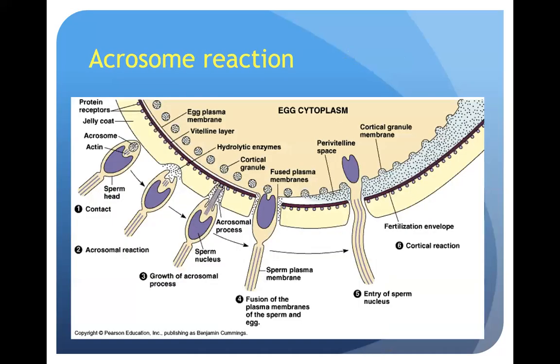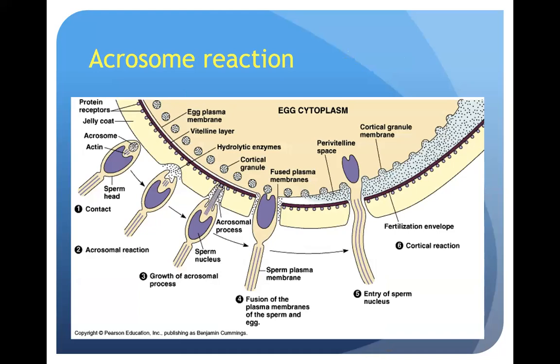Okay? That's why when it arrives there, if it meets an egg cell, the head is already weak. The sperm cell's acrosome, once it attaches to an egg cell, will release the hydrolytic enzymes present in the acrosome. And these hydrolytic enzymes will digest the wall of the egg cell.